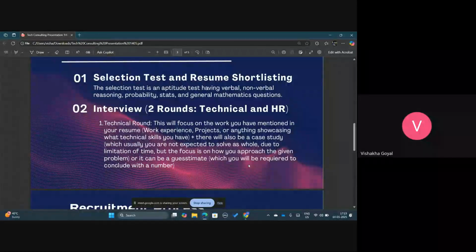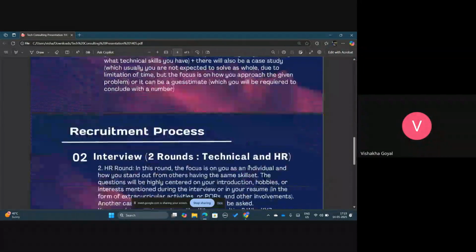They will give just 15 minutes to the case study. You're just judged on how you approach the problem, not really how you conclude or what result you get. They really judge your thinking skills or your way of approaching the problem. Or it can be a short guesstimate, which you will be required to conclude with a number or something.